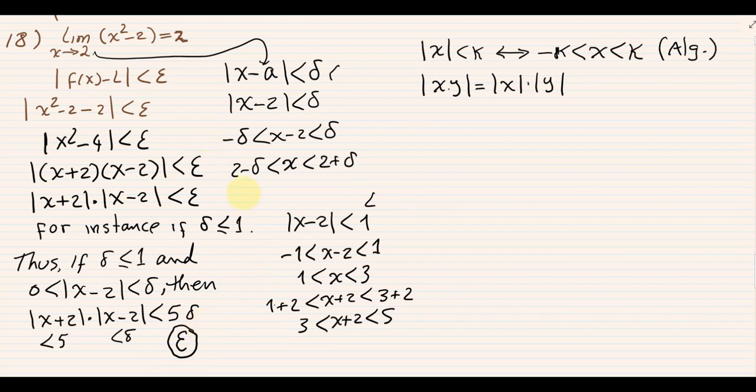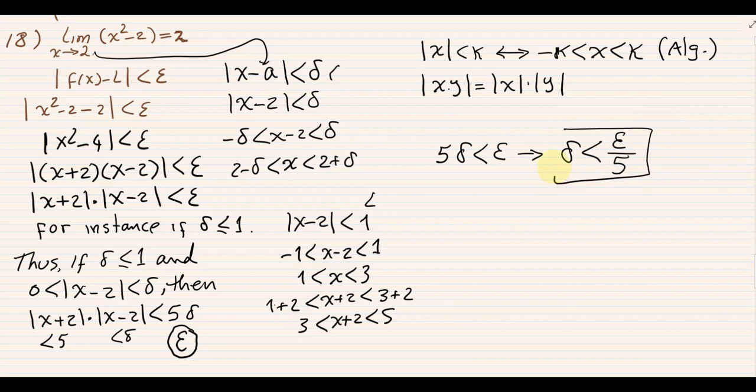So 5 delta, from here we can write 5 delta must be less than epsilon. Okay, and we have satisfied the condition, because from this divide both sides by 5 and delta will be less than epsilon over 5 there, and we have discovered the value of delta.